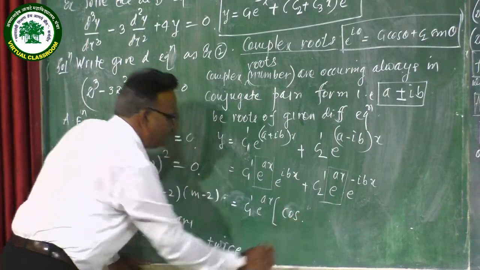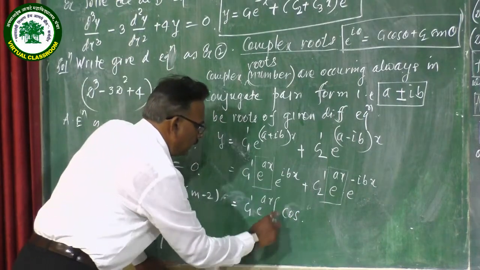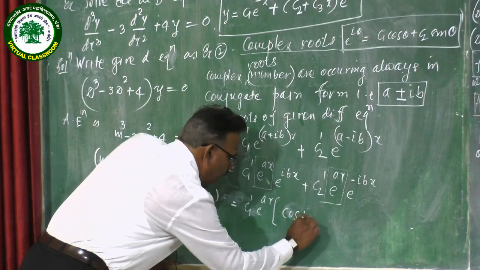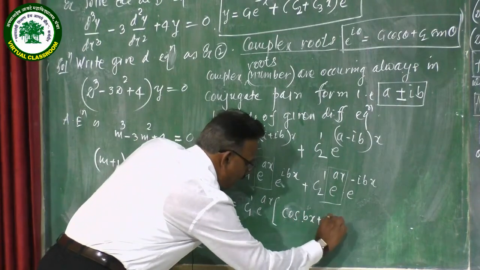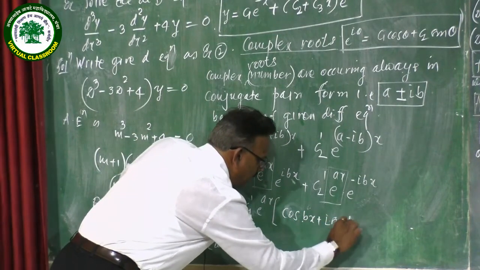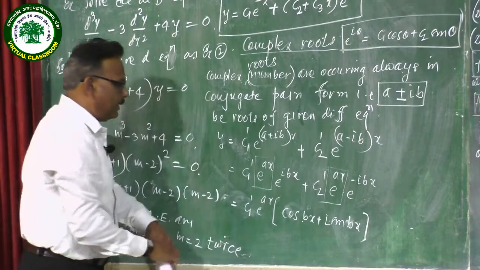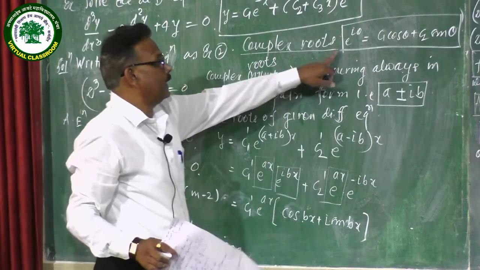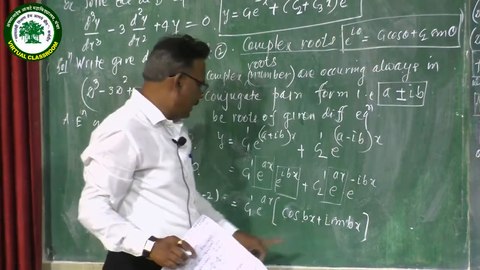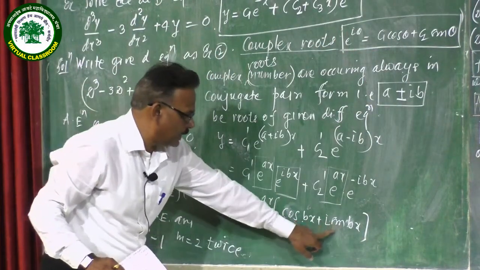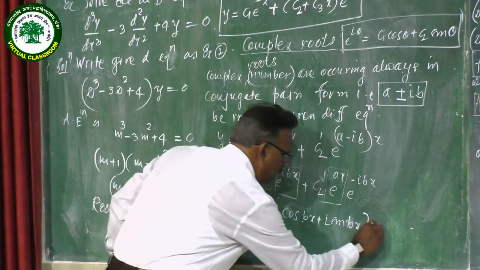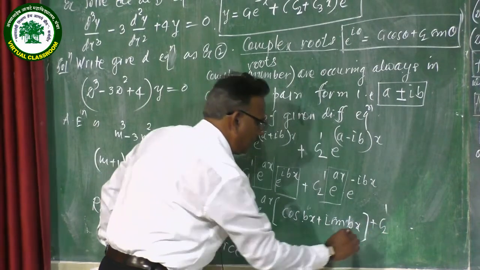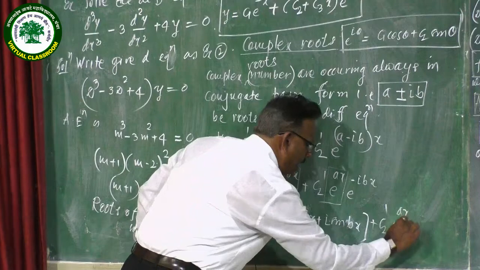This part is written in this way, cos of bx plus i sin of bx, as e raised to i theta is written in this way. Plus C2 dash e raised to ax remaining as it is.